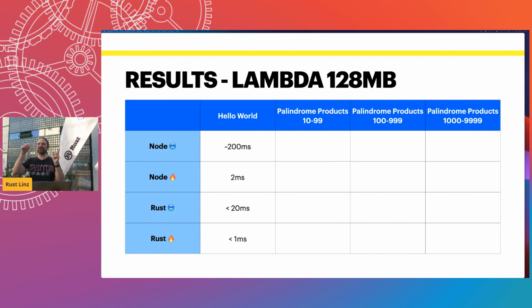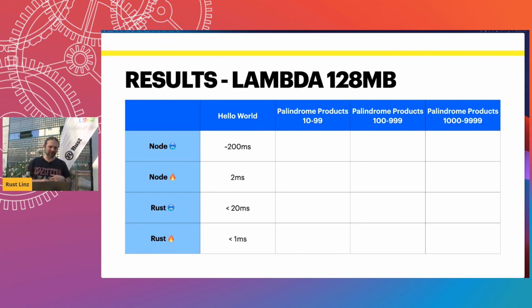So 1001 would be a palindrome product because it reads the same from both sides. The nice thing about it is that this takes a lot of CPU if you're working with really big numbers, so you can benchmark really well how long this will take, because the bigger the range is, the more it takes.